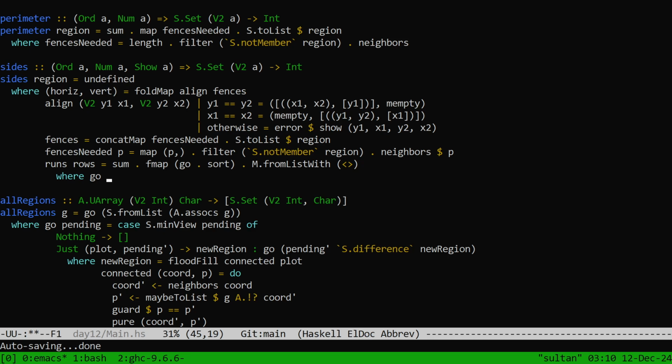The problem is that the... Suppose the list were length just 1. I only had a single wall at this latitude or whatever. When I zipped the list with its tail, I would get back an empty list. And so I would think, oh, there's 0 places where we skip.